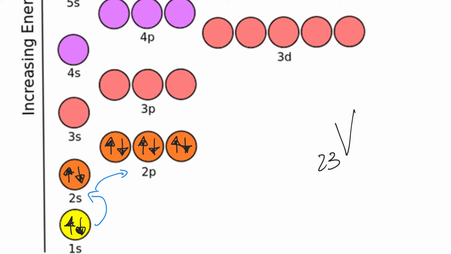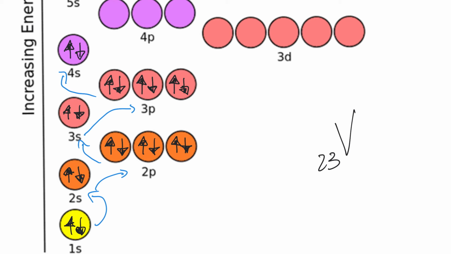We go from 2p to 3s, the next energy orbital. 11, 12. Then we move from the 3s to the 3p. 13, 14, 15, 16, 17, 18. Next up in energy is the 3p to the 4s.